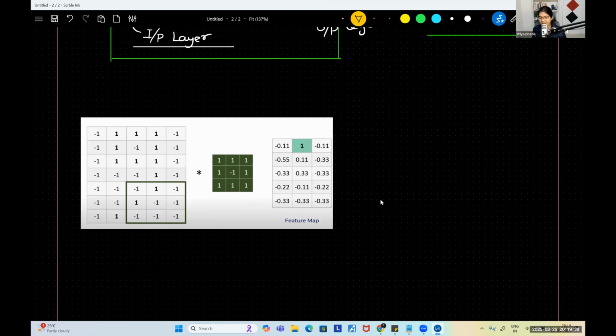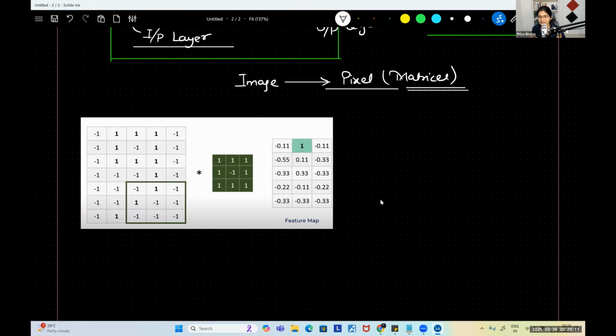First of all, as I told you in the previous session as well, whenever you are dealing with image-based data, internally, when we see an image, for our eyes it's an image, but for our model, that image is nothing but pixel values stored in matrices form or in a multidimensional array form, right?